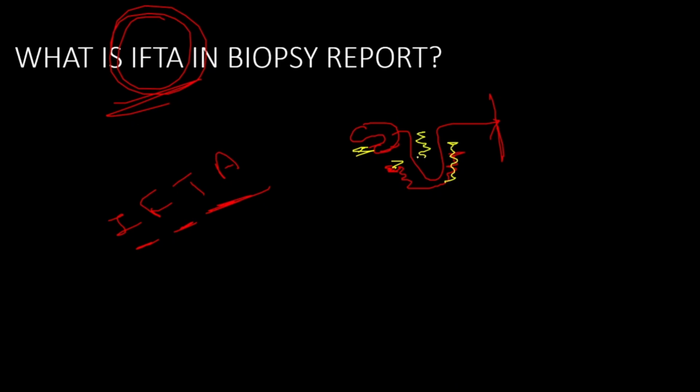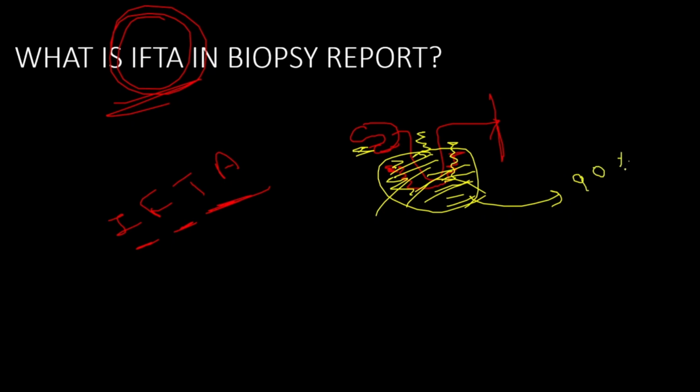IFTA will tell how much of the percentage of the sampled specimen went into fibrosis. That means these areas are not functional. Suppose it shows 90% in the biopsy sample; that is totally fibrous, and there is no point in giving treatment focused on recovery. So IFTA is a very important component in the biopsy report.